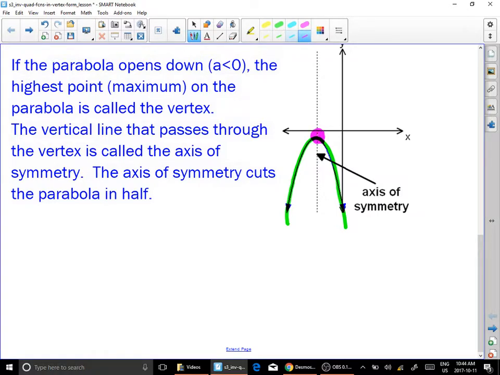It's still called the vertex, and the vertical line that passes through the vertex is still the line of symmetry, and it still cuts it in half. So a parabola can either point up or down, and whether it points up or down is completely dependent on the sign of the a value. If it's positive, it points up. If it's negative, it points down.